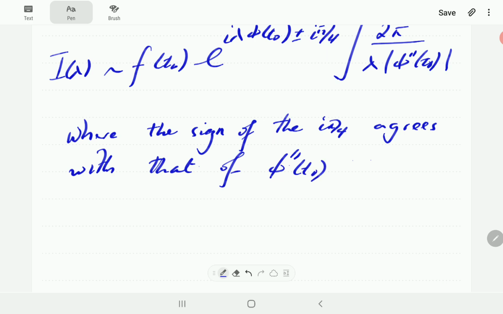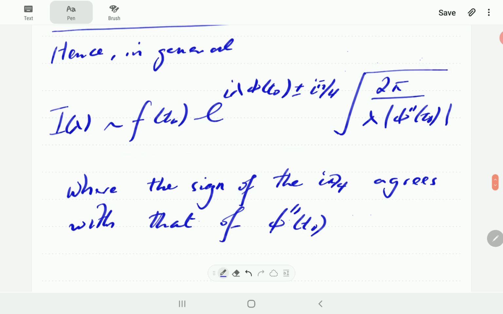So if the second order derivative is positive, there's going to be a positive sign there. If the second order derivative is negative, that is going to be negative there. Okay, so that is our formula there.